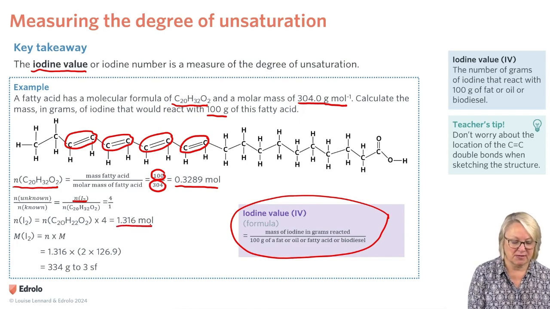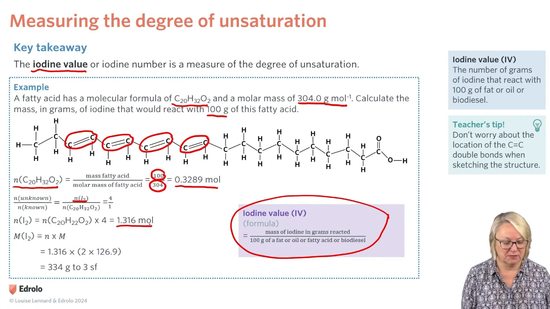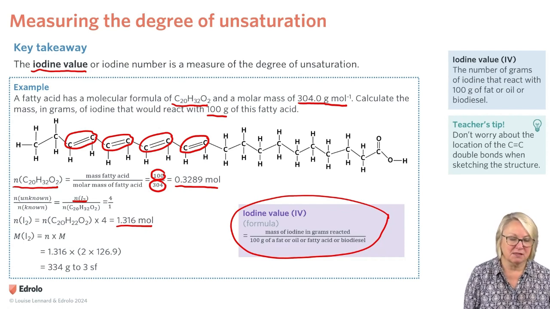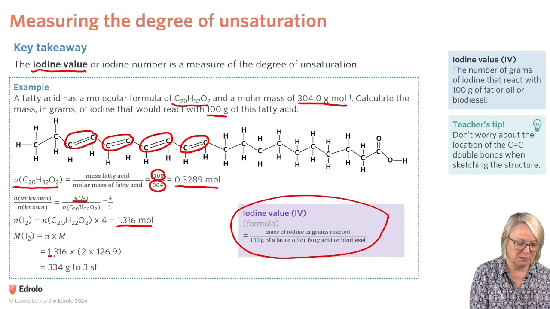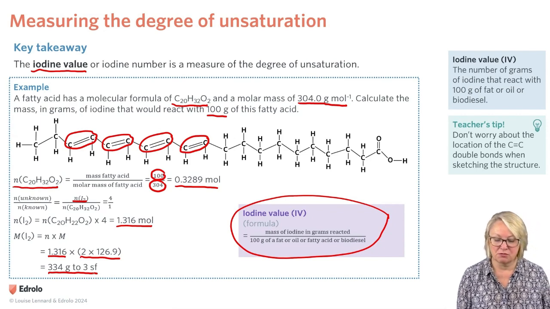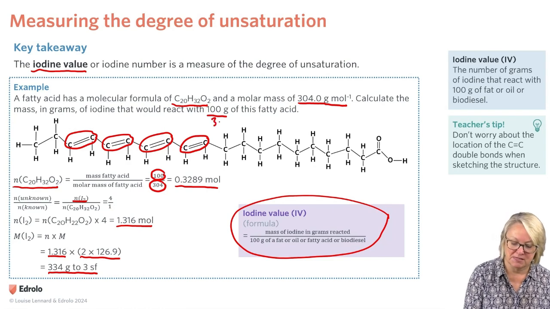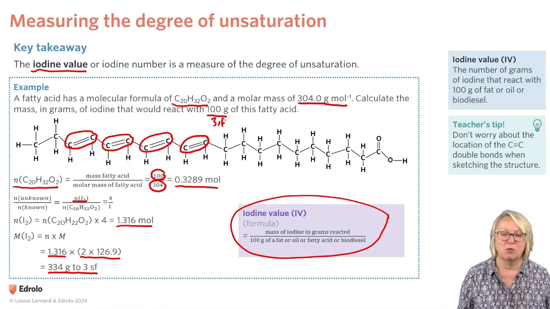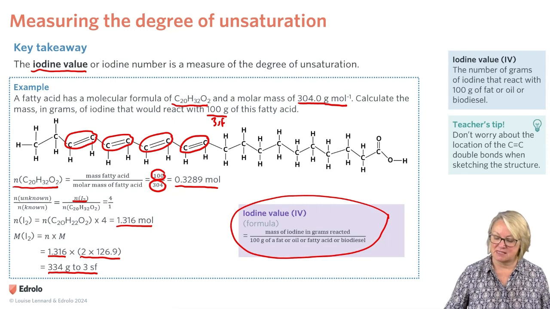So that's 1.316 mole. The mass of iodine that reacts is number of mole times molar mass. So it's 1.316 mole by 2 by 126.9 is 334 grams to 3 significant figures, because we had 3 significant figures in our 100 gram of the fatty acid.